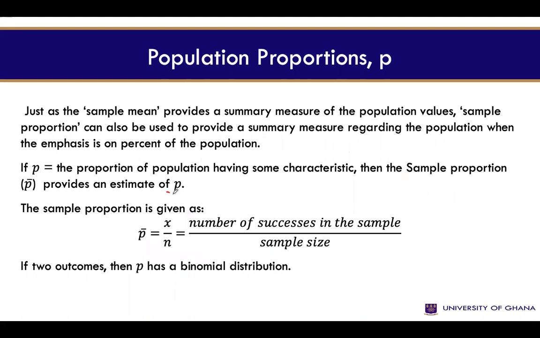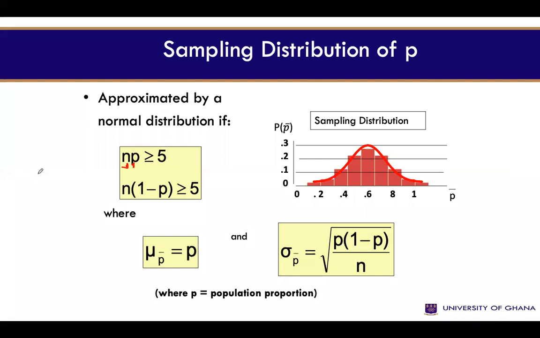The population proportion is p and the sample proportion is p bar. Okay, population proportion is p, sample proportion is p bar. In some of your books, they use pi to represent the population proportion, like the one we have in math, the circle constant, yeah. And then they use p to represent the sample proportion.